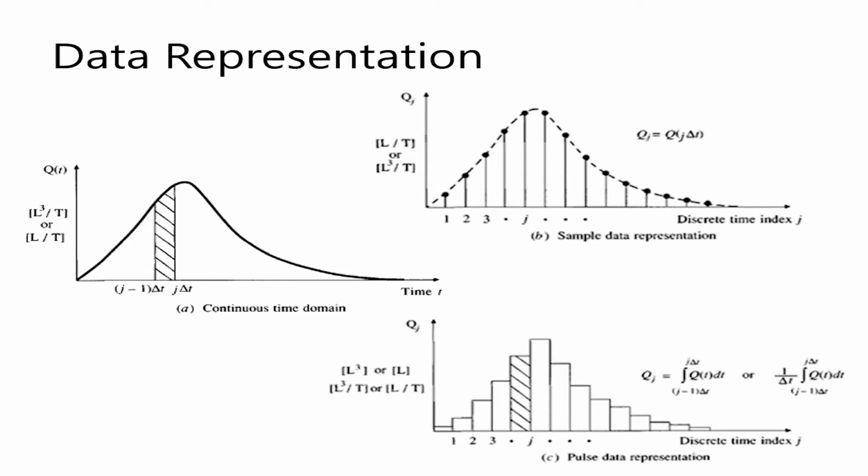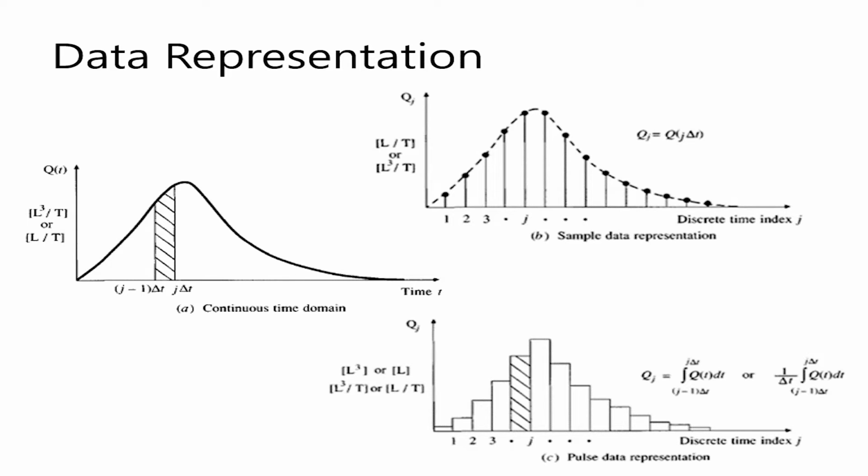We can present this in either sample data representation or pulse data representation. Sample data representation is where we already have the curve, and at any time index j, we can directly get the ordinate and the outflow rate. But this is not a very elegant way.